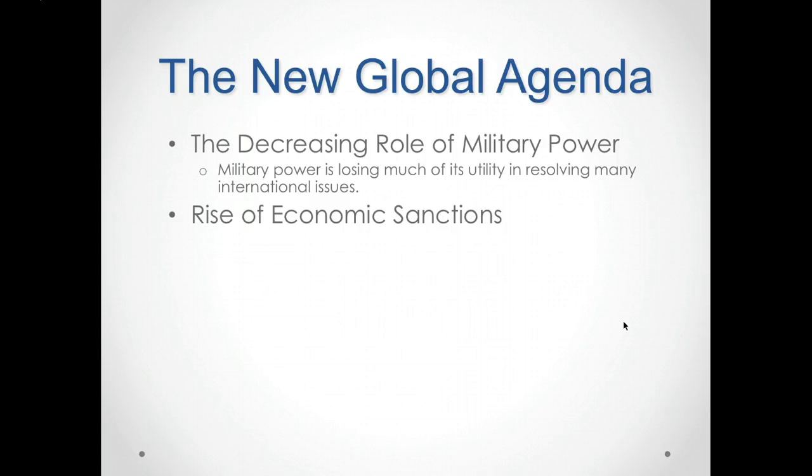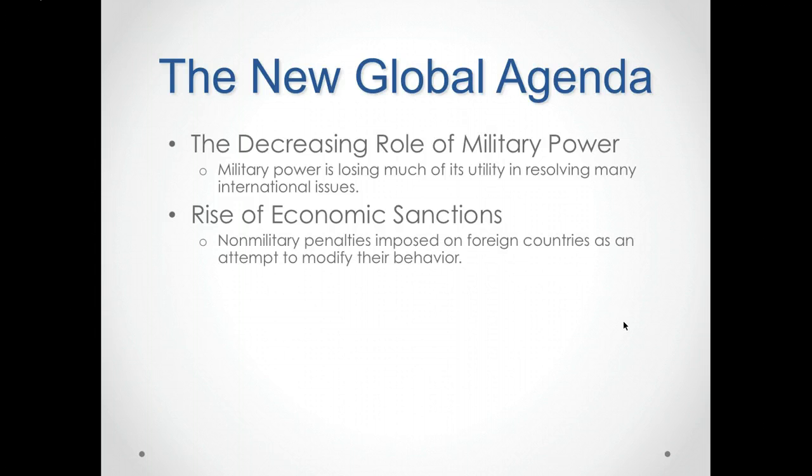Military conflict is very bad for economics. We have now gone to economic sanctions as one of the primary tools of foreign policy. So we see it as one way of trying to get people to do what we want.